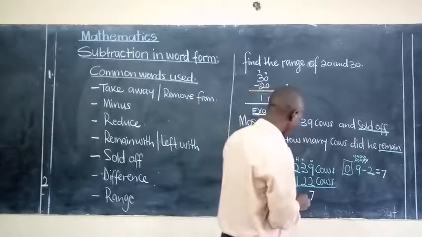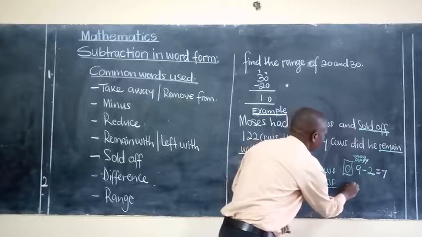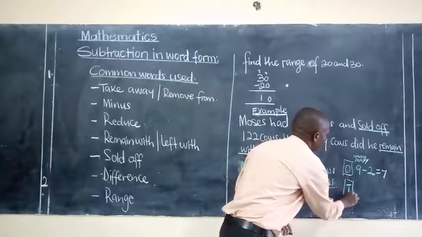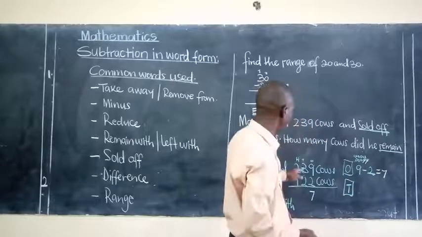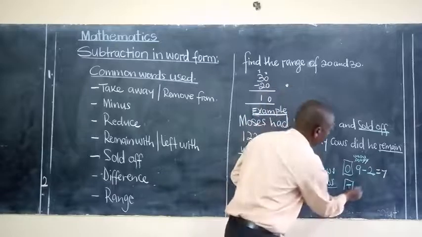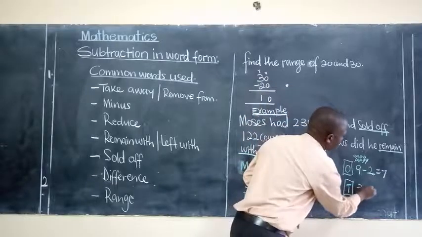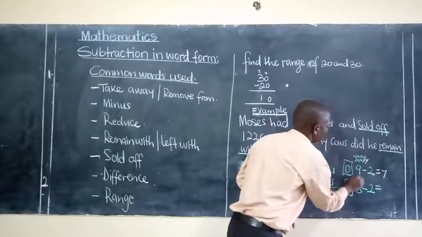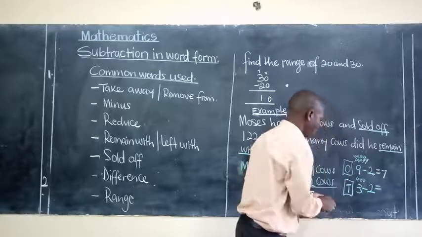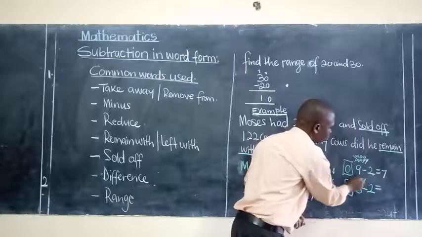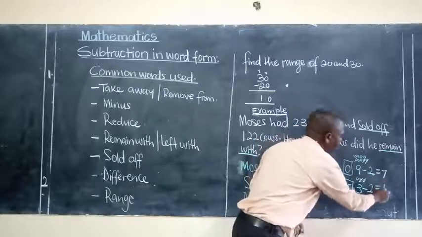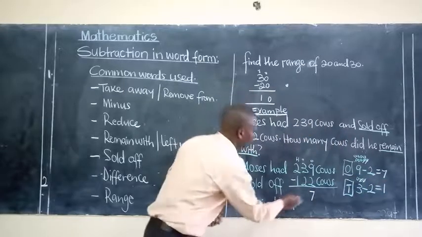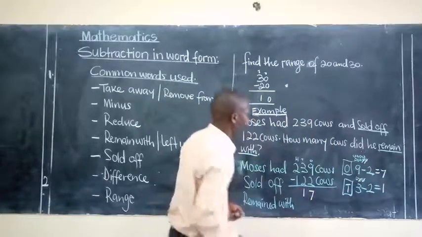Under tens we are having 3 take away 2. 3 minus 2, which is 1, 2, 3. So we are taking away 1, 2. And we have 1. So our answer here is 1.